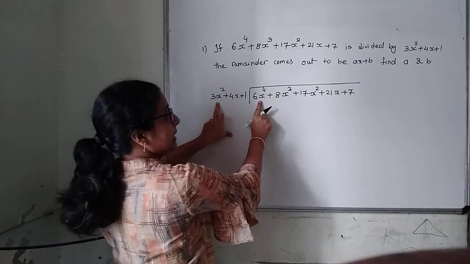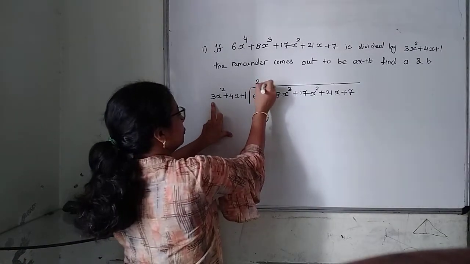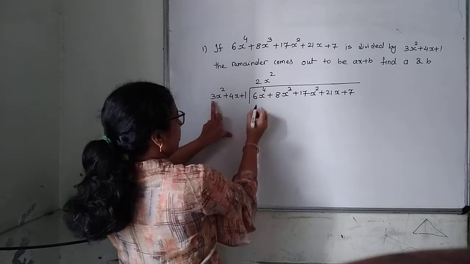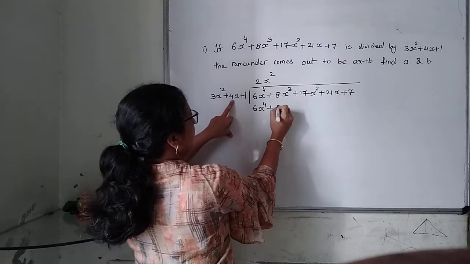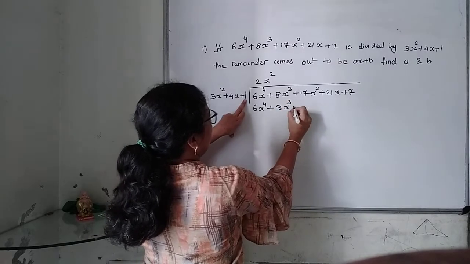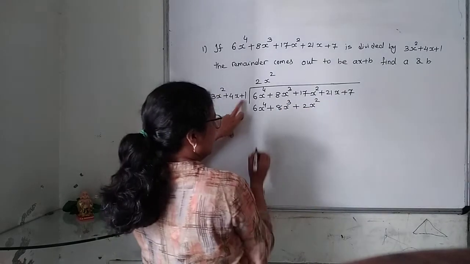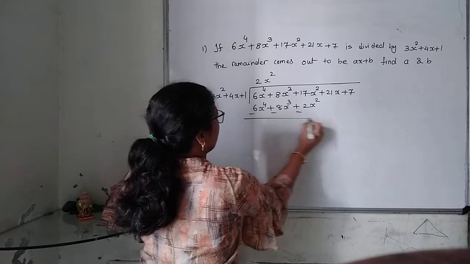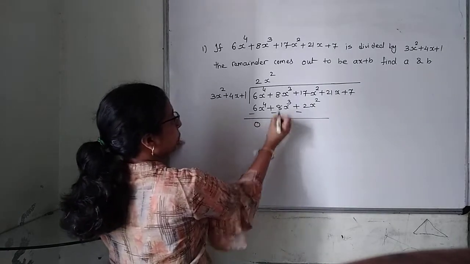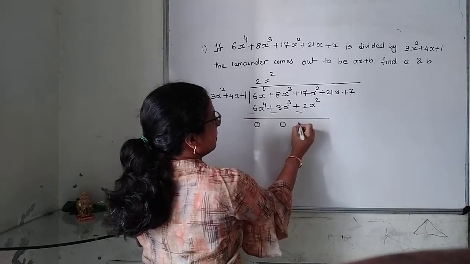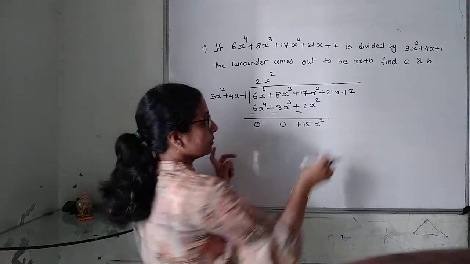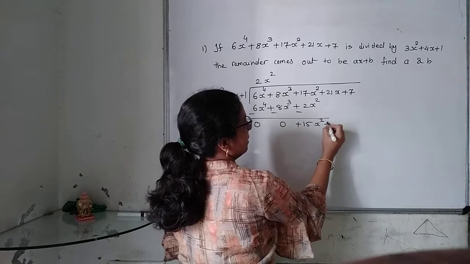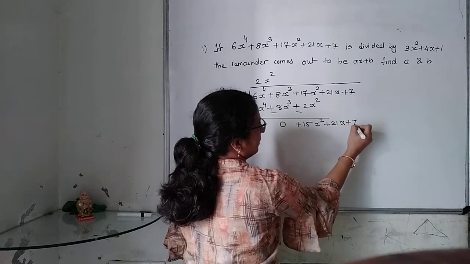Now you have to multiply by 2x square. 3 2s are 6x raised to 4 plus 2 4s are 8x cube plus 2x square, and change the signs. So that is 0, 0, 17 minus 2 is 15x square. Now two terms are 0, so we bring down two terms, 21x plus 7.